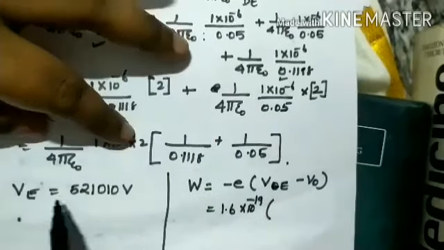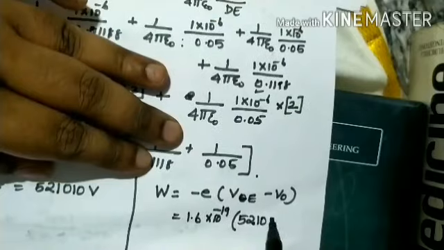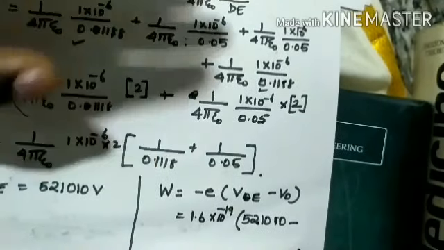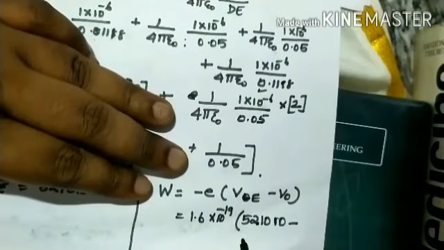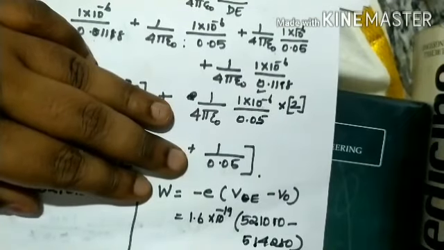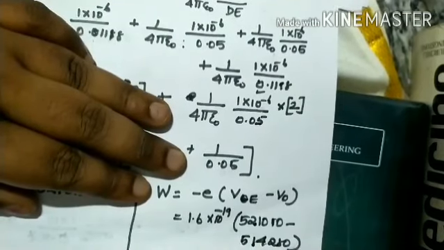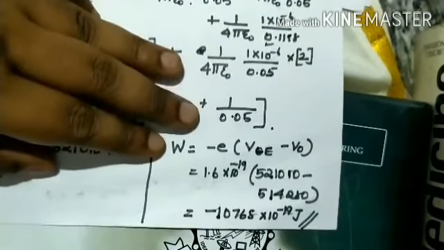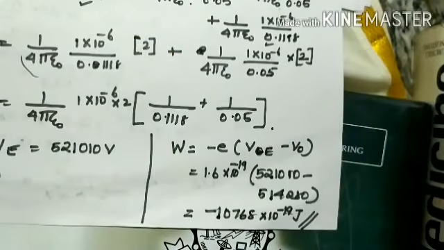VE we just found as 521010. Earlier you had an expression of 5.14 times 10 to the power 5, so five decimals come up on this side, and it becomes 514280. The correct answer will be 1768 into 10 to the power minus 19 joule. You have to do the calculation by yourself. Clear?